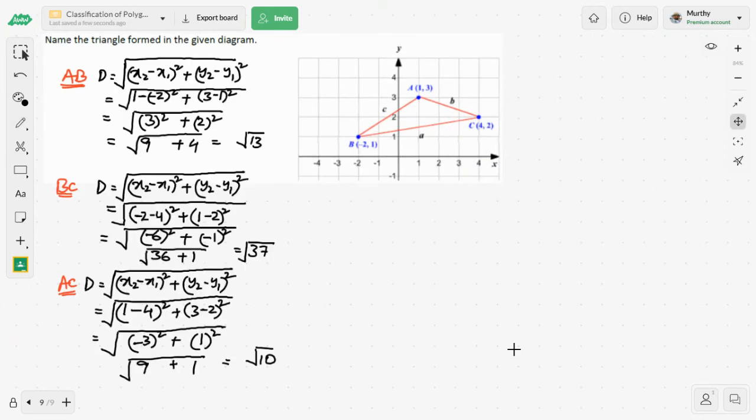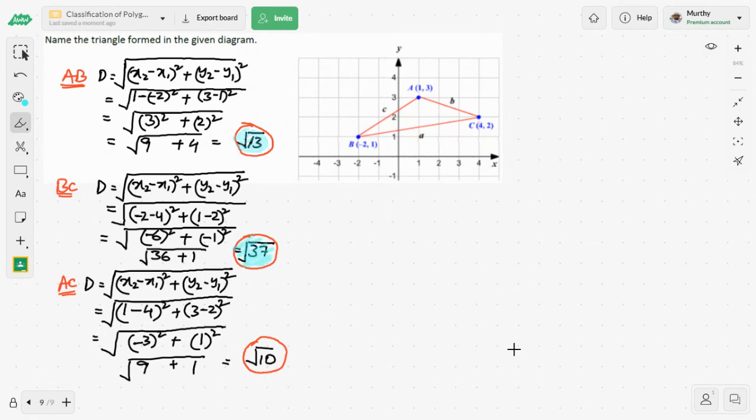So here is the solution. When you compute the length of AB, you should get square root of 13, the length of BC is square root of 37, and the length of AC equals square root of 10. I am not converting them into decimals, you can leave them as they are. And you see that these three values are different.